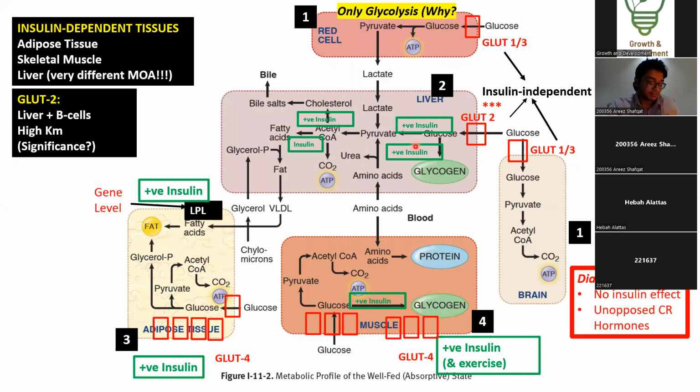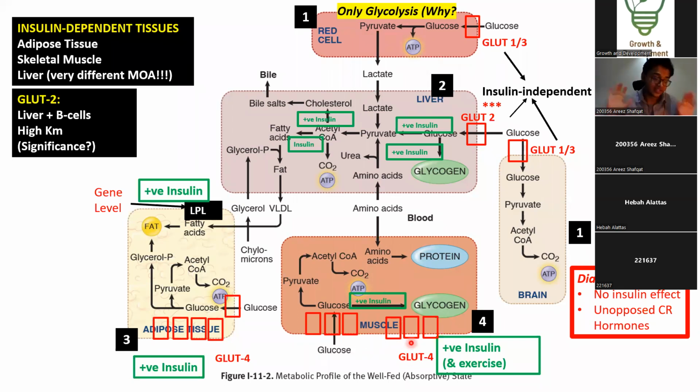So now it should make sense to you what happens in diabetes. In diabetes, there's no insulin. So the liver and the body just gets confused about what to do with the glucose. So glucose, when it comes into the liver, can't be phosphorylated by glucokinase because glucokinase isn't present. So glucose just goes back out of the liver. So you have hyperglycemia. Second, there's no GLUT4 expression on adipocyte and muscle cells.